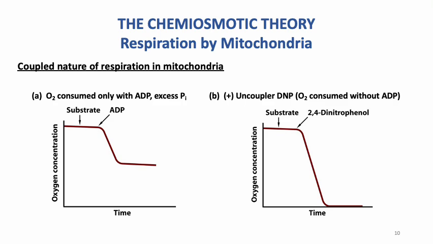These uncouplers make the membrane permeable to protons. That's to say, you can't create a proton gradient across the membrane when you have these uncouplers. Therefore, electrons will still go through the electron transport chain, but this will not be accompanied by the formation of ATP.